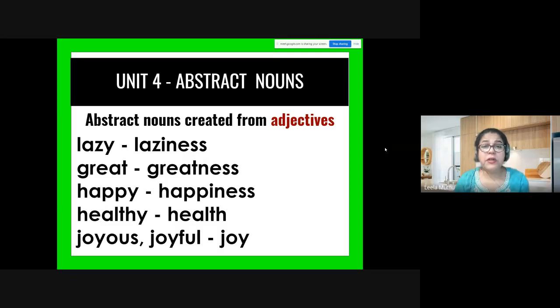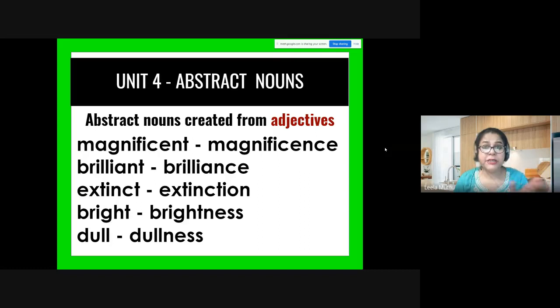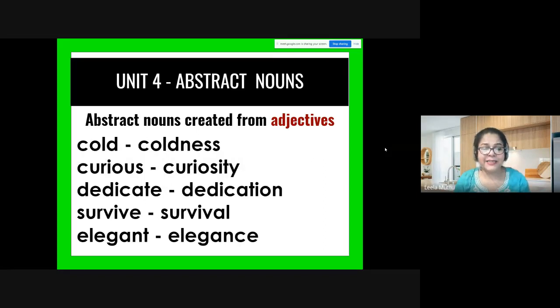Joyous or joyful, joy is the abstract noun. Magnificent, magnificence. Brilliant, brilliance. Extinct, extinction. Bright, brightness. Dull, dullness. Cold, coldness. Curious, curiosity. Dedicate, dedication.